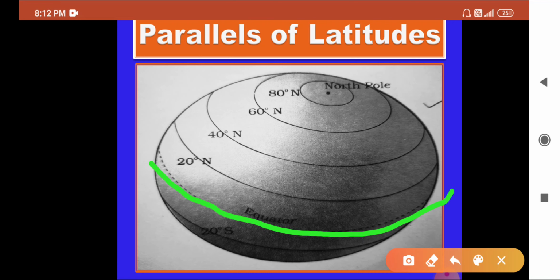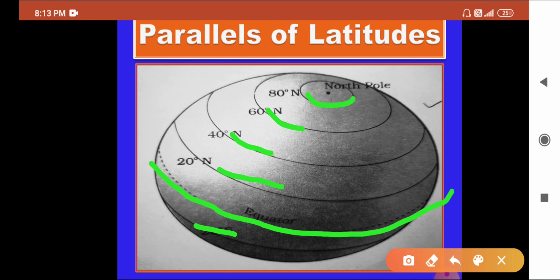These lines, for example this second line, this third line, this line and this line, are not connecting each other. That's why these are called parallels of latitudes.